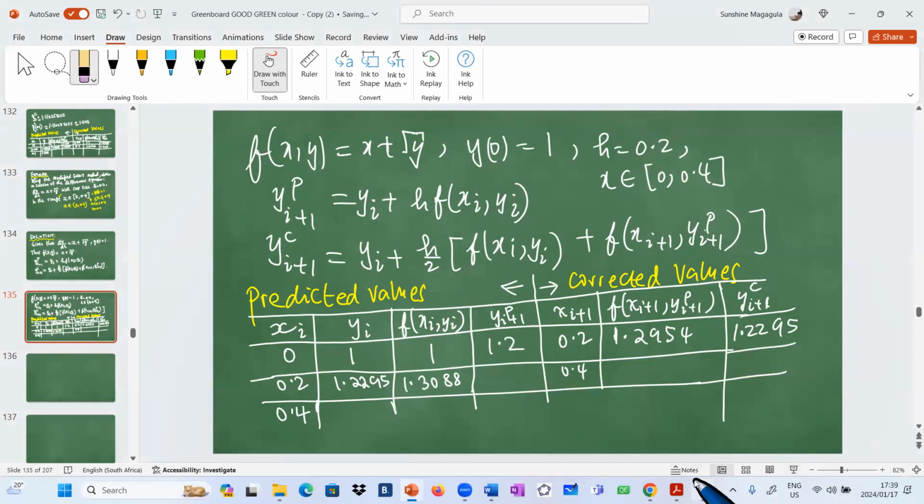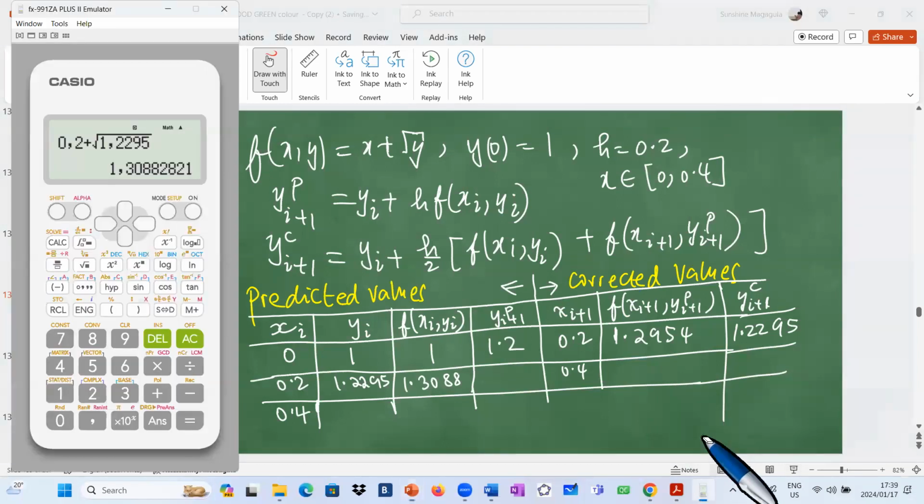To do this one also, we're going to resort to our calculator. According to this, to get the predictor, we need the y, 1.2295, plus the h. What is the h? 0.2 here.